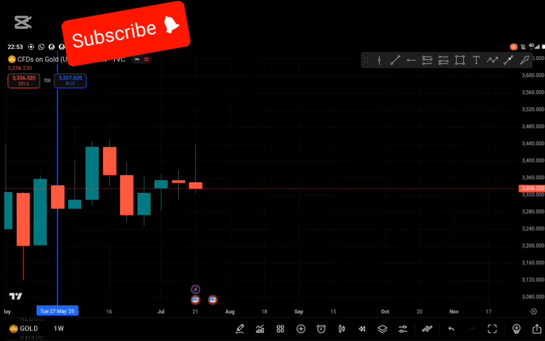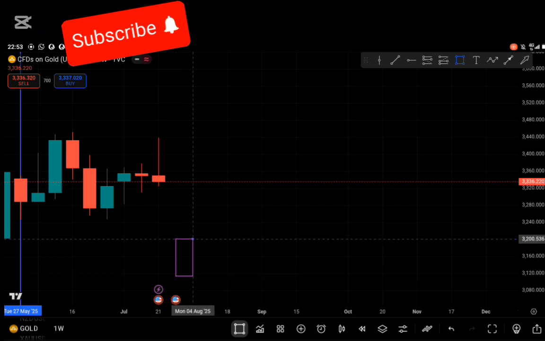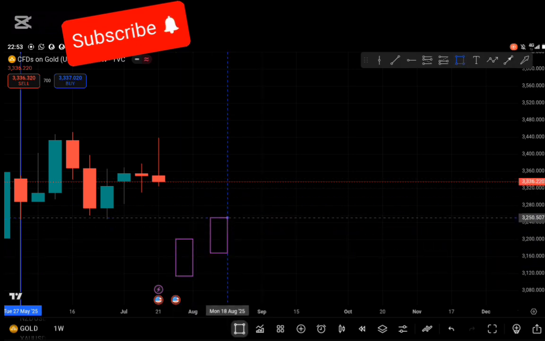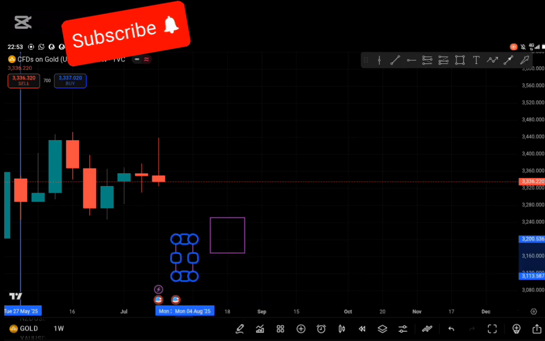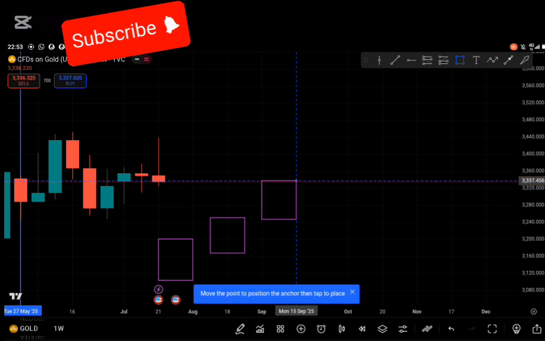First of all, let me explain how Judas swing is formed. Let's say for example, price is trending upward. This is a weekly candle trending upward, for example.